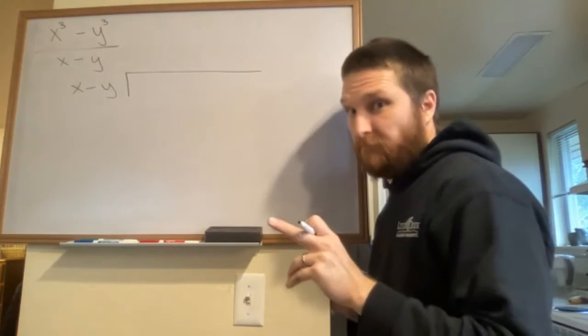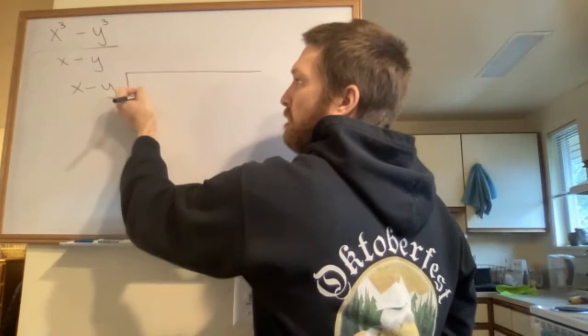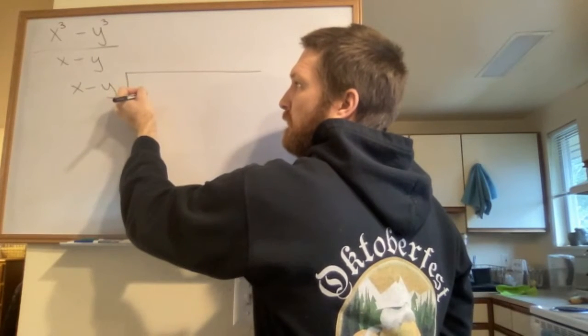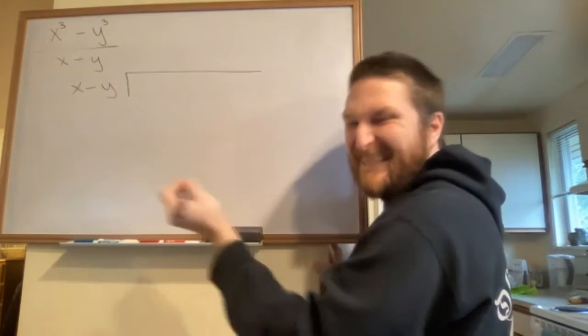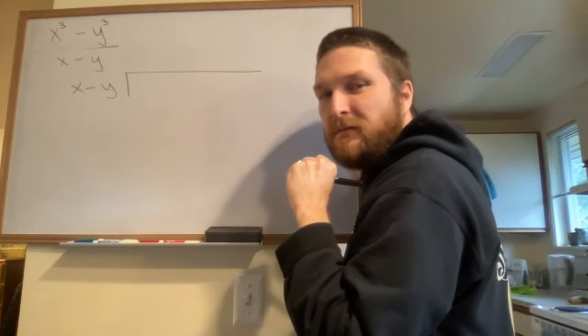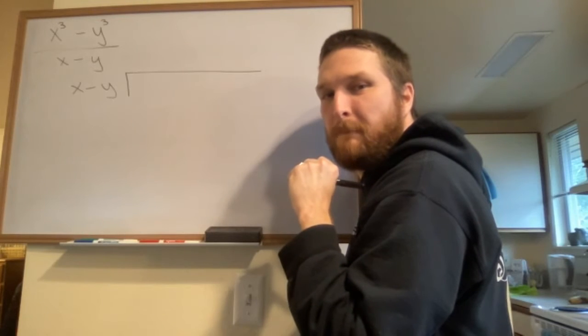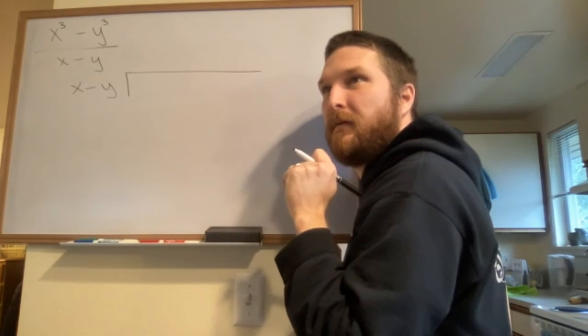The factor thing. Wouldn't you have either x squared minus y, x cubed minus y cubed, or you have the x minus y and then the x squared thing?